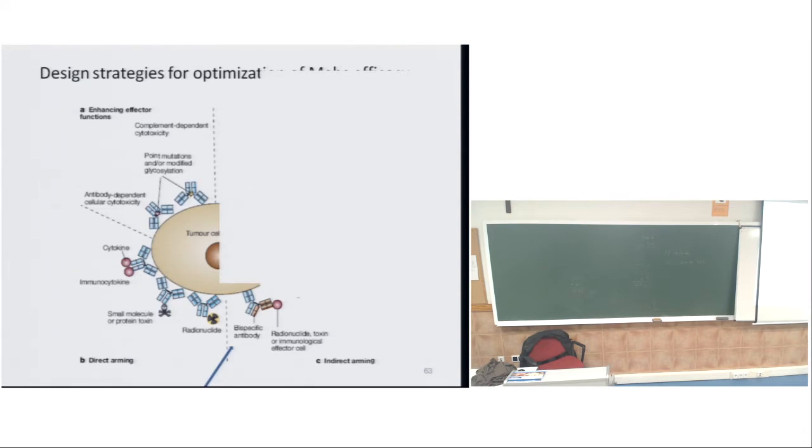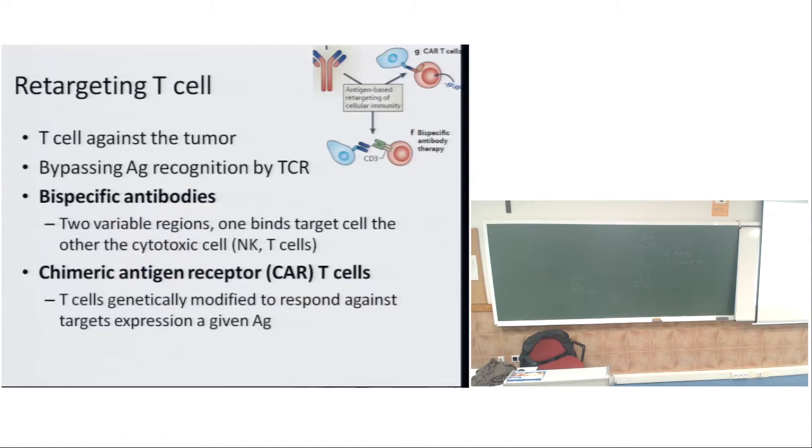The idea is to use the antibody to attract two different types of cells. One, the target cell, and then the effector cell, the immune cell that has to kill the tumor cell. You will see it with some examples.